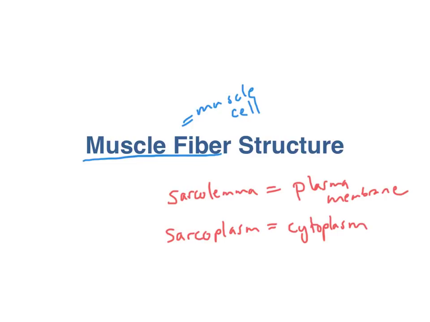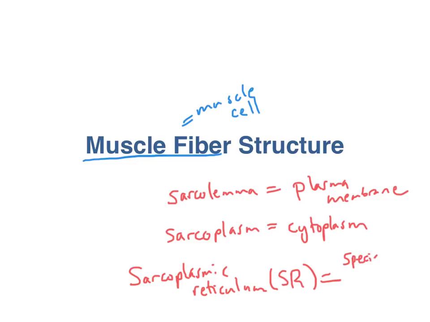Lastly, you'll see the sarcoplasmic reticulum, and that is basically the endoplasmic reticulum of the muscle fiber. You'll see it abbreviated SR. I may abbreviate it SR during this video, and what it is, is a highly specialized, smooth endoplasmic reticulum in muscle fibers.